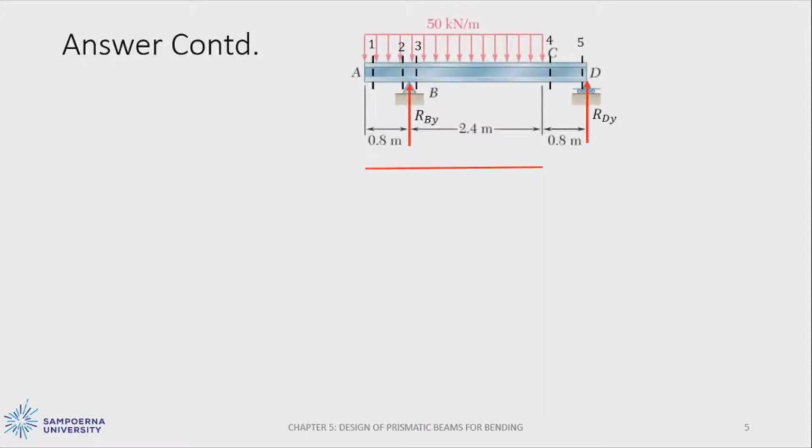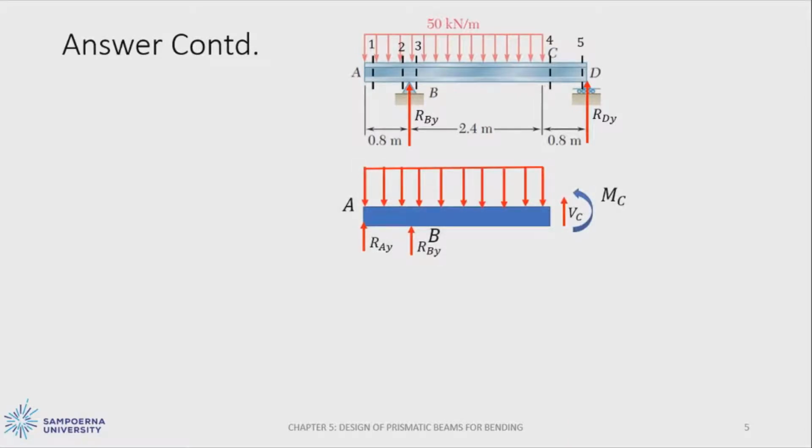And then we continue to the fourth partition and the fifth partition. We have VC, just after reaching point C, after the distributed forces.